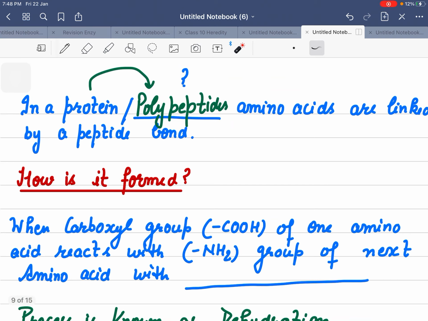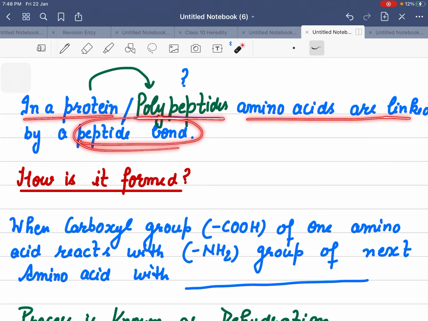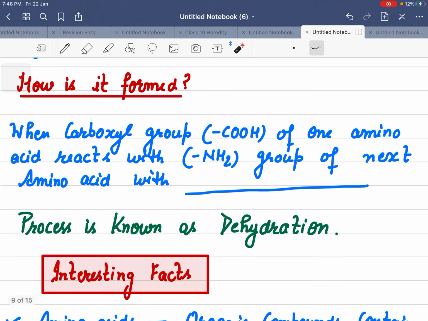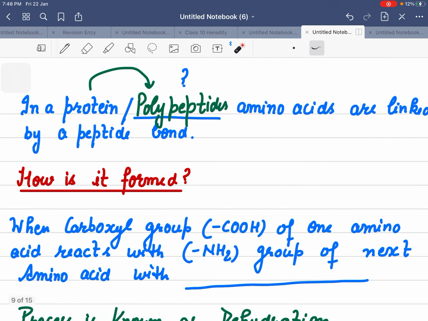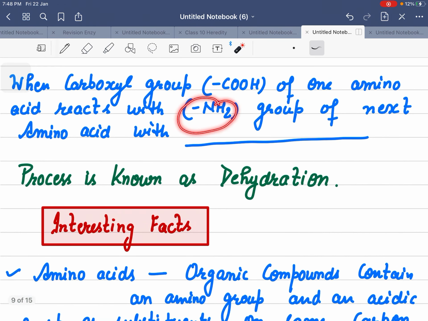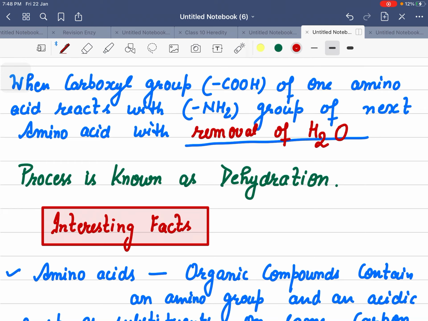Now as you can see, in a protein or polypeptide, amino acids are linked by a peptide bond. And how are we forming this bond? Carboxyl group of one amino acid and the basic NH2 group of the next amino acid, with removal of water. So the process is known as dehydration, because we are removing water.